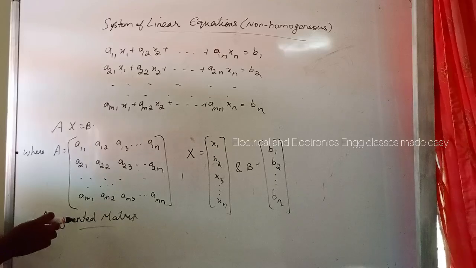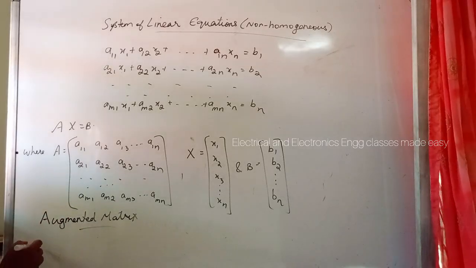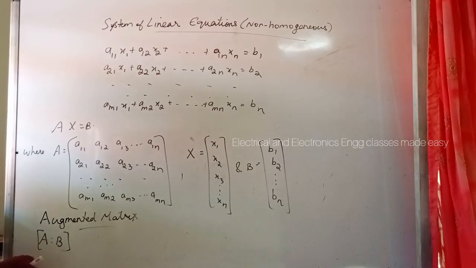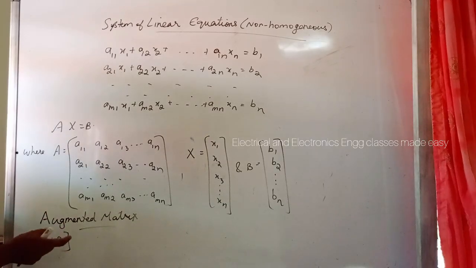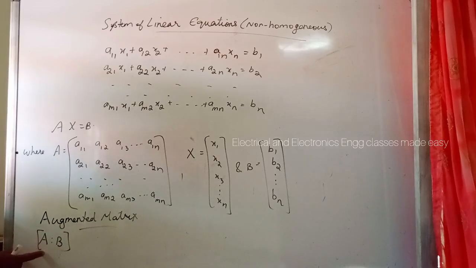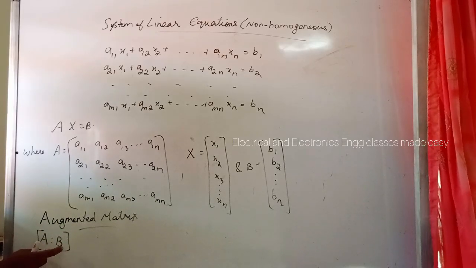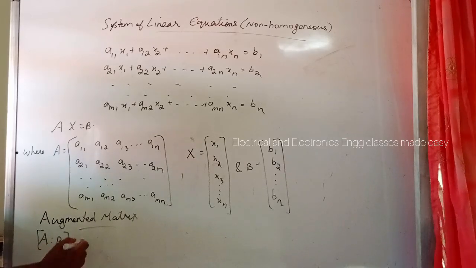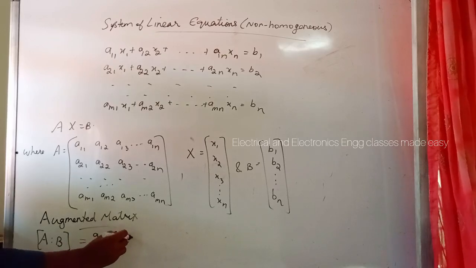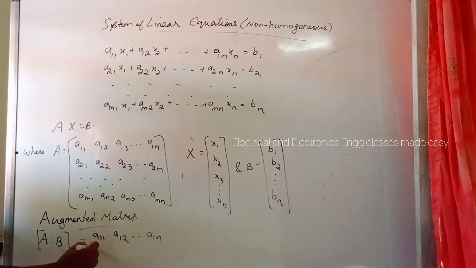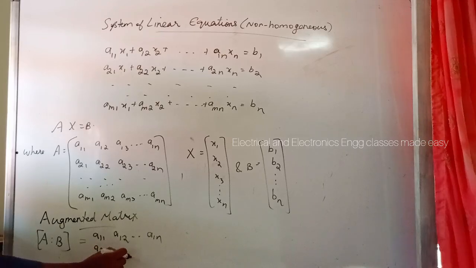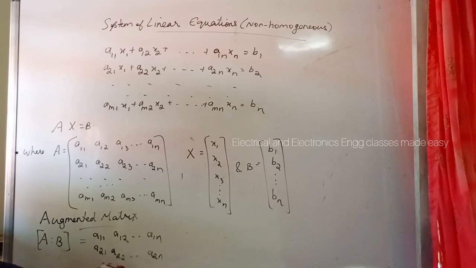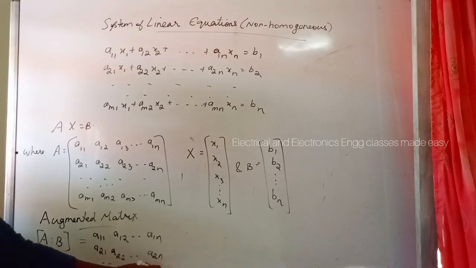Then next is the augmented matrix. The augmented matrix is denoted like this, that is, A is to B. So this is the augmented matrix, and it is obtained by augmenting A by the column B. That is, the augmented matrix is a11, a12, etc., a1n, then a21, a22, etc., a2n, then etc., am1, am2, etc., amn.